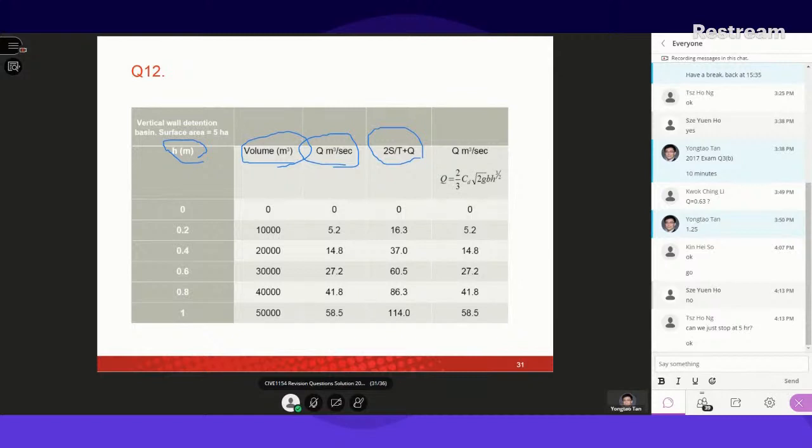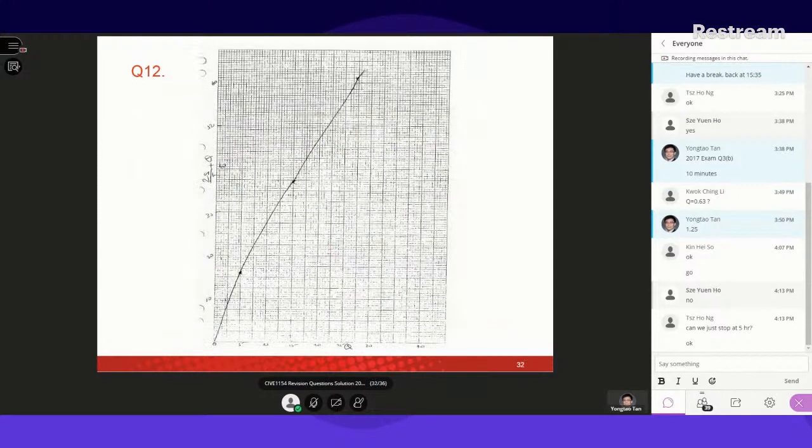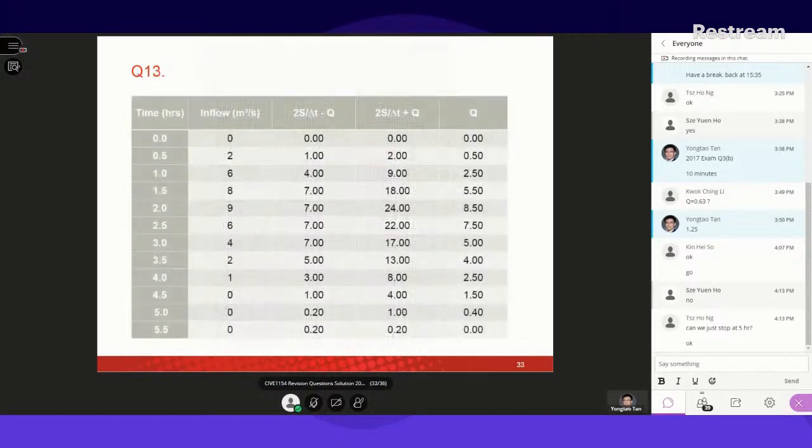We use these equations, which I also showed in the previous slides. With the Q and the values of these two columns, we plot them on graph paper to show the relation between these two.